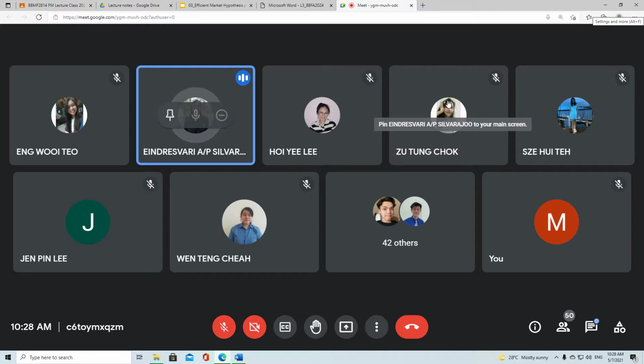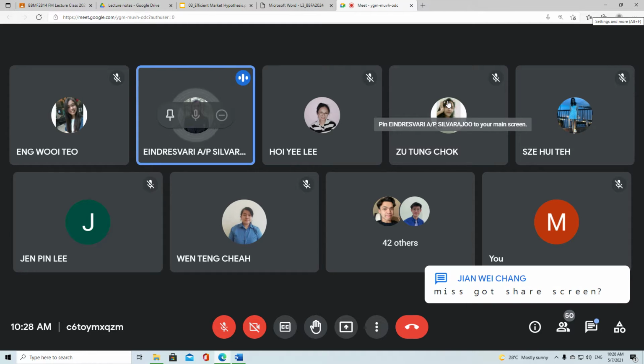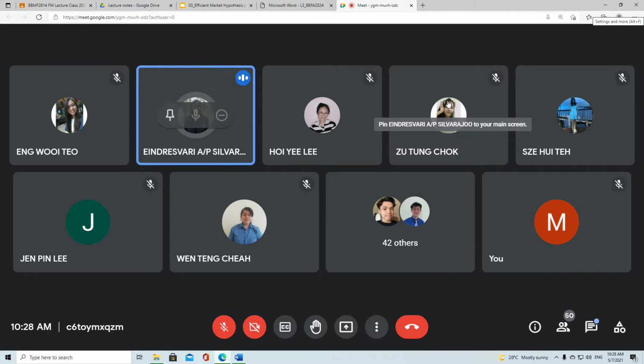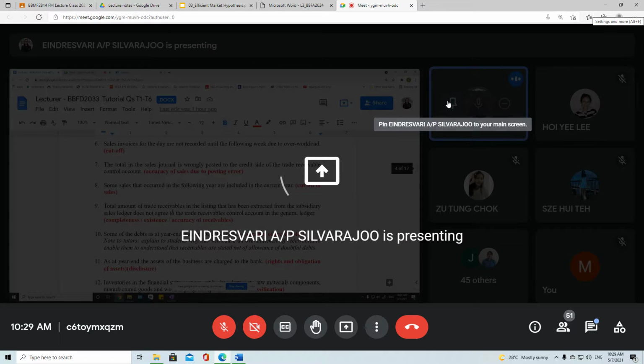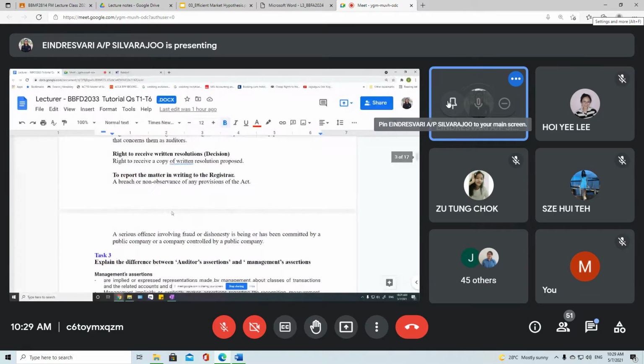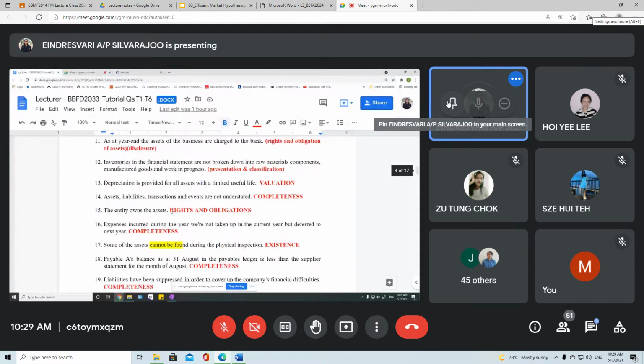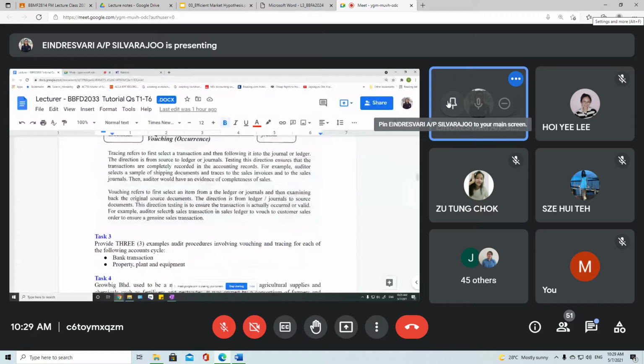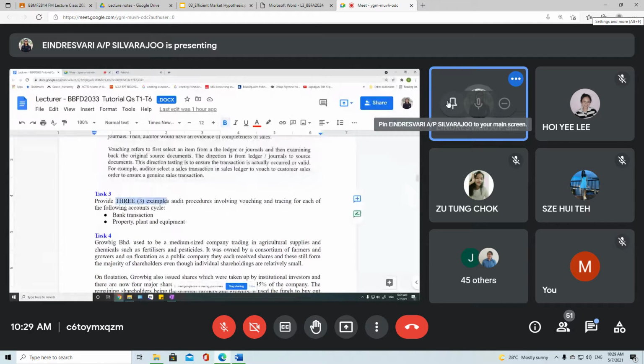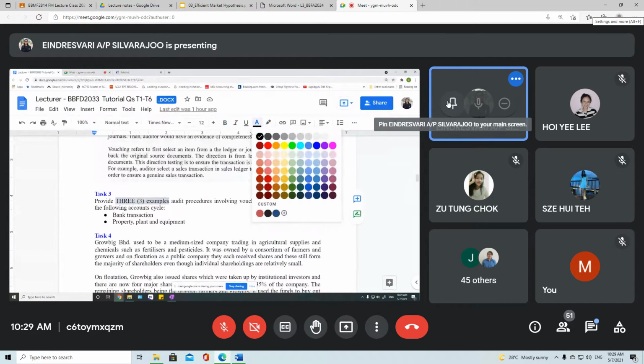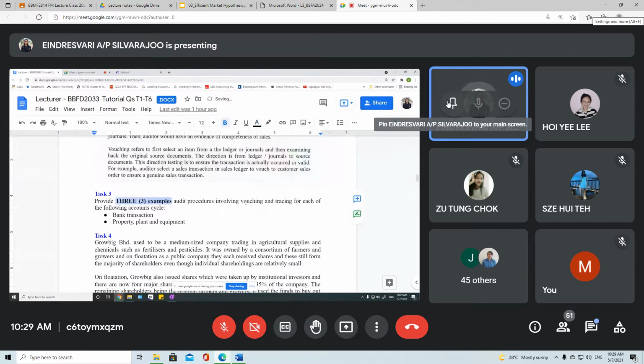And Xiang Yuan asked, audit procedure not referring to this? Yes, it refers to this. But the question here is on three examples involving vouching and tracing.